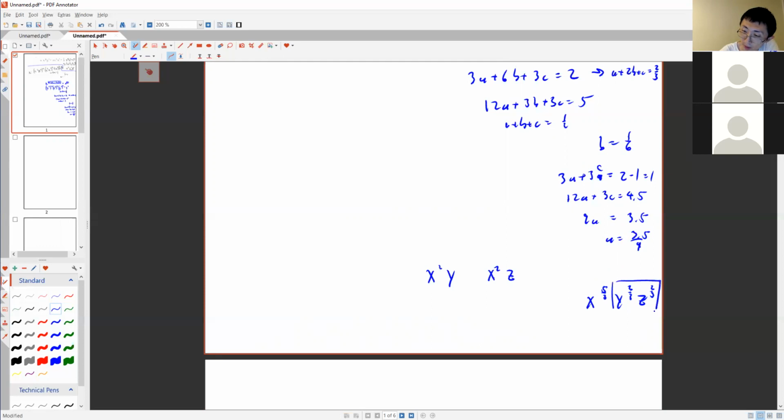But because these have the same exponents here, it makes sense that these have the same weights. Yeah, I think it should make sense.